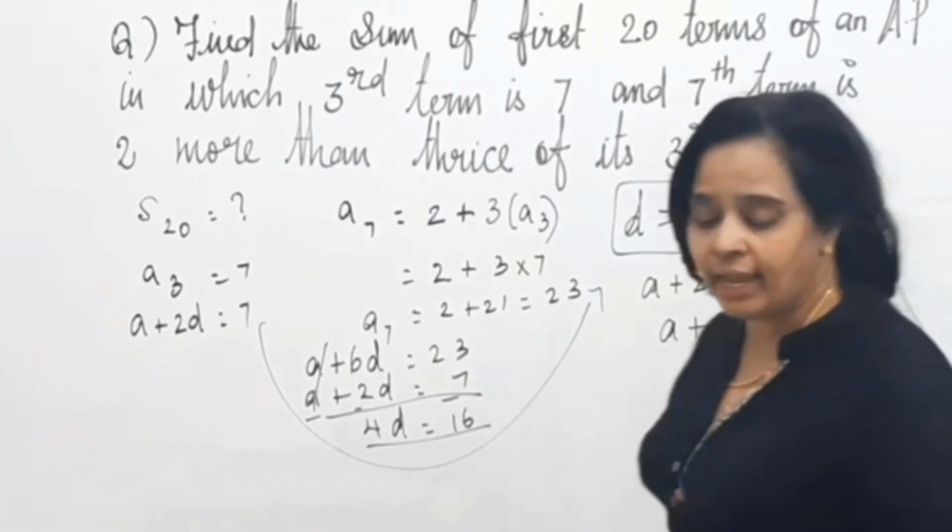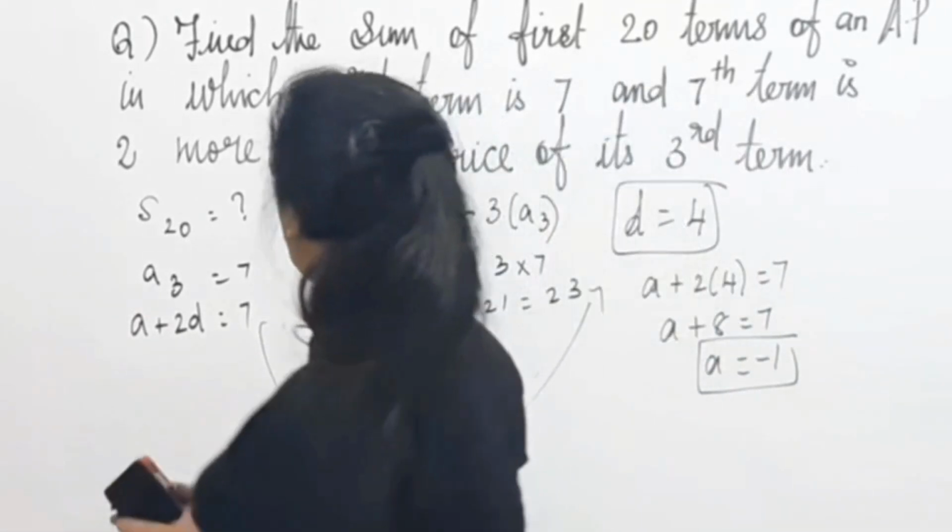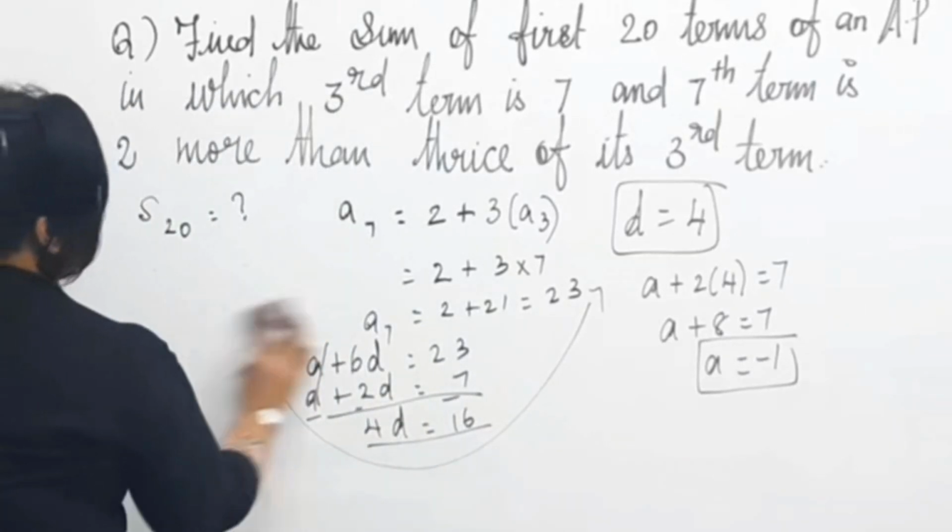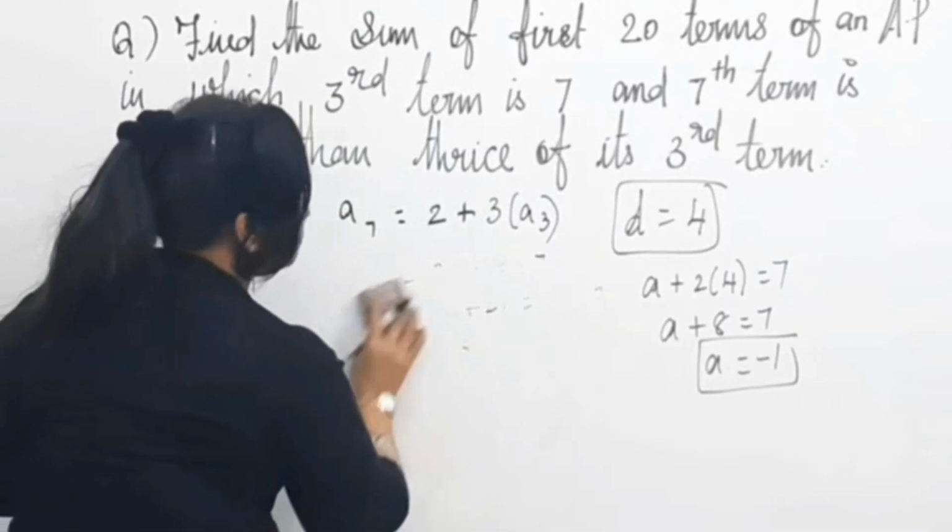So I got A and I got D. So I will go and substitute in the Sn formula.